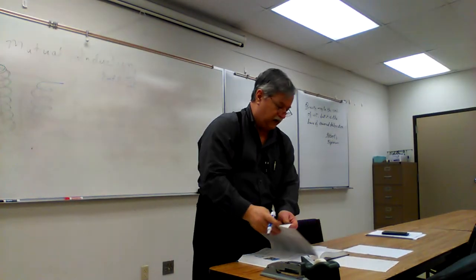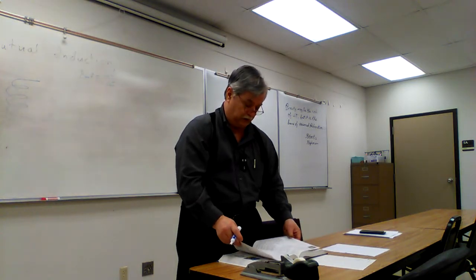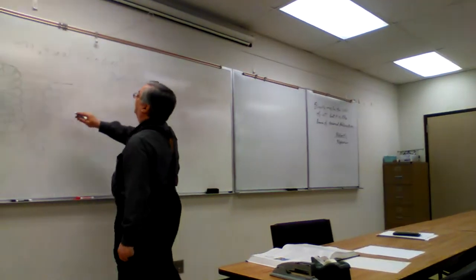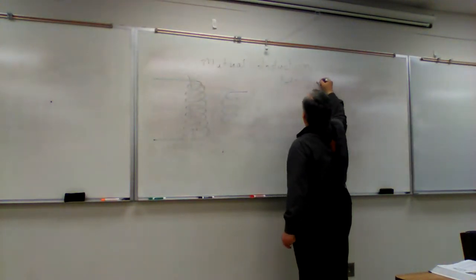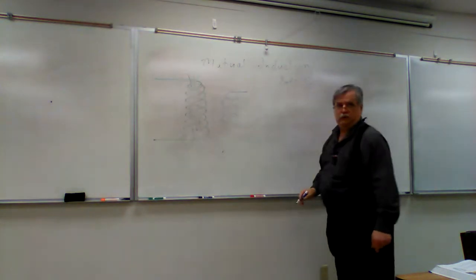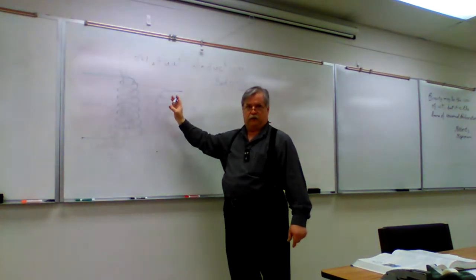But in this case, we have more than just one strand of wire. We have many loops, right? So this will have to be multiplied by the number of loops of wire that the magnetic field is crossing over.